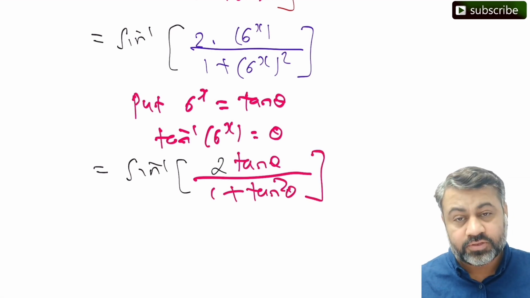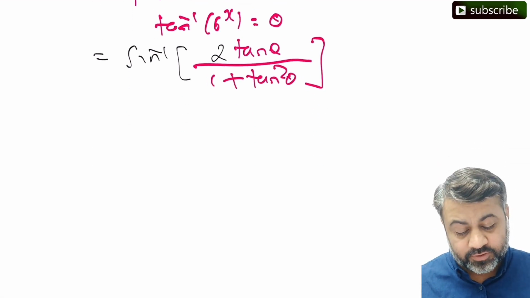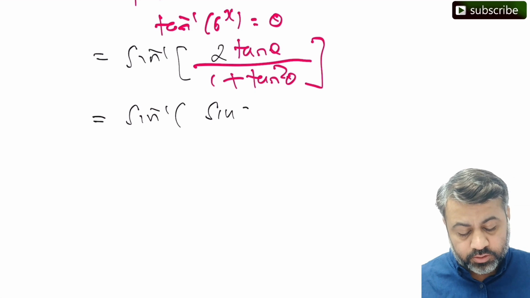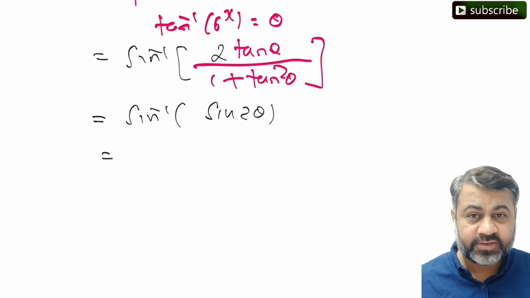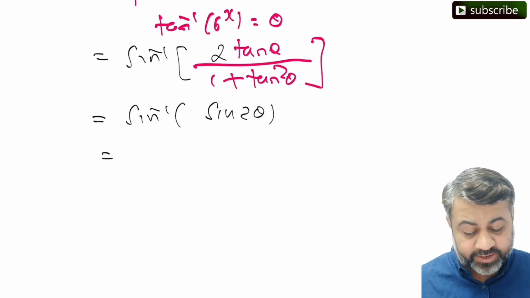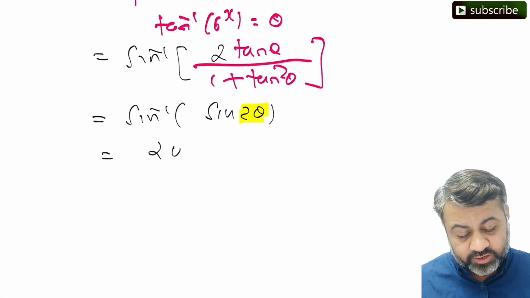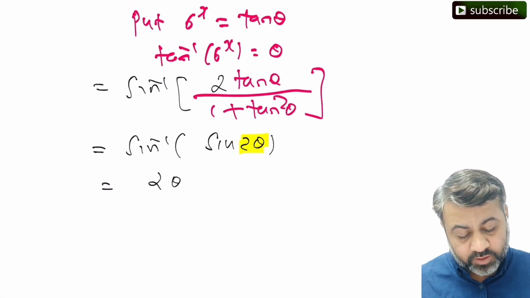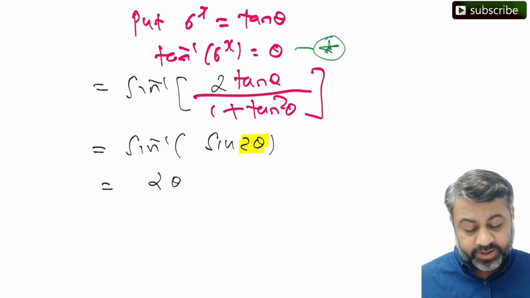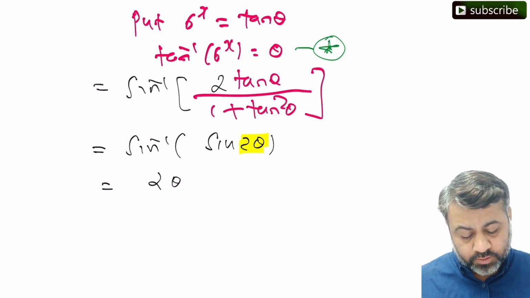Now, as we discussed, this is nothing but sine 2 theta. So we get sine inverse of sine 2 theta. Sine inverse of sine x is x. So sine inverse of sine 2 theta will be just 2 theta. But what is the value of theta? Observe this from equation number star here, that theta can be written as tan inverse of 6 power x. So that is what I'm going to do in the next step.